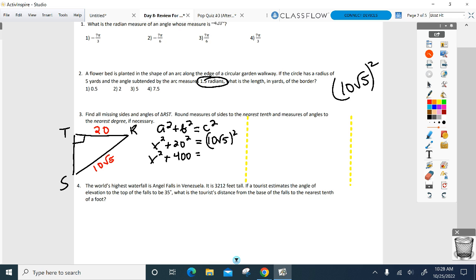Otherwise your calculator is just going to square the radical 5. 500. Next move, subtract 400. That's a nice number. X squared equals 100, so X equals 10. There's my third side, 10, using Pythag.